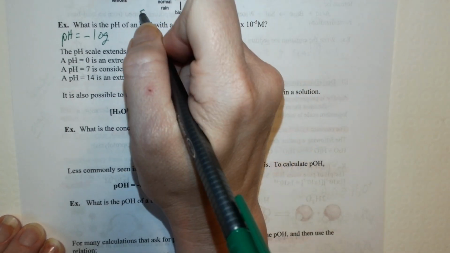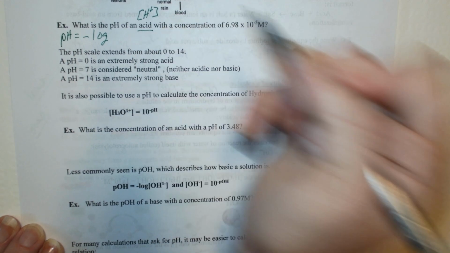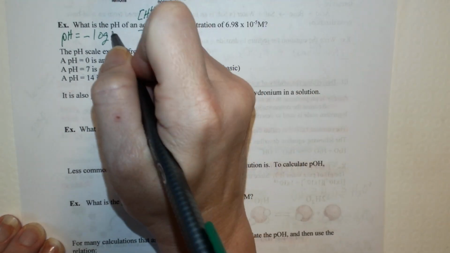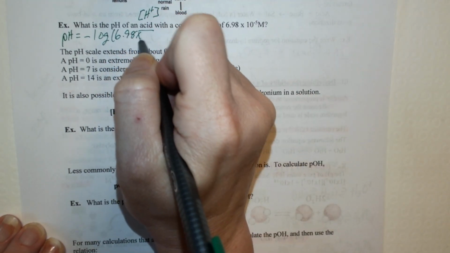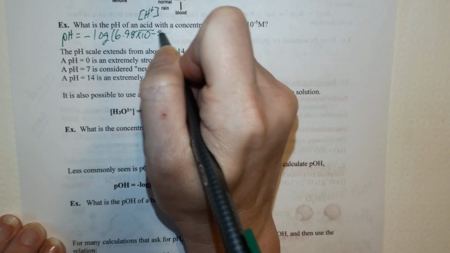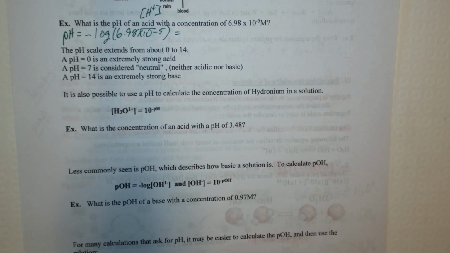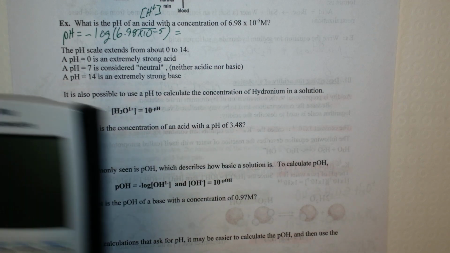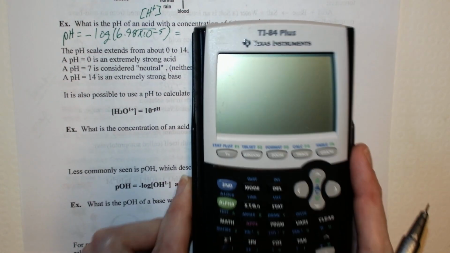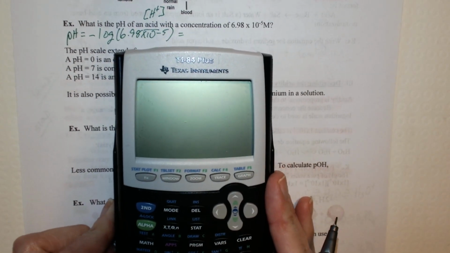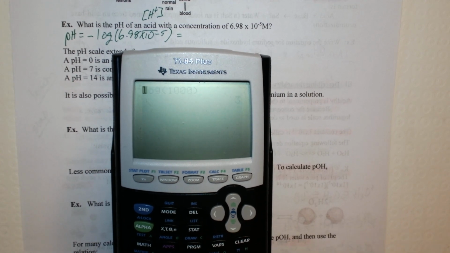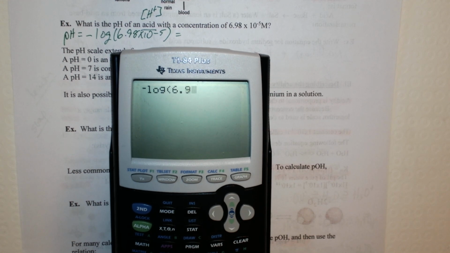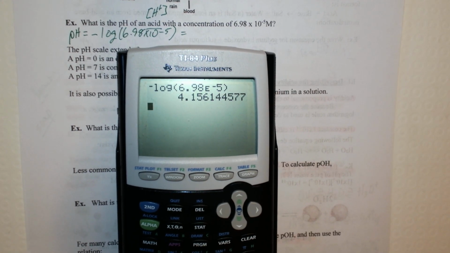Acid is hydrogen ion concentration. So negative log of 6.98 times 10 to the negative 5th. You literally just stick that in your calculator. Okay, and so that's what you get.